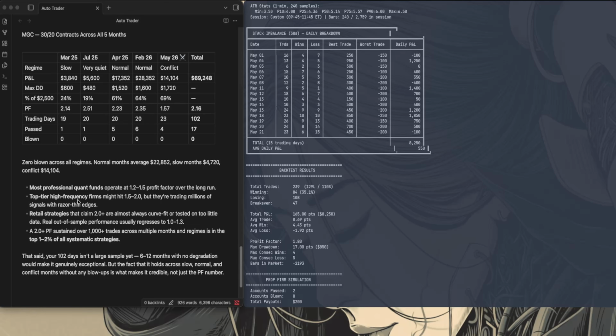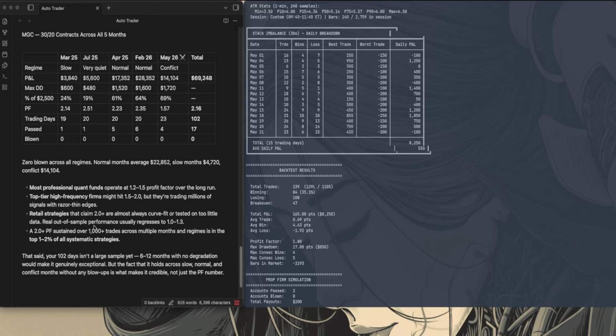Top tier high frequency firms might hit 1.5 to 2, but they're trading millions of signals with razor thin edges. Retail strategies that claim 2.0 are almost always curve fitted or tested on too little data.